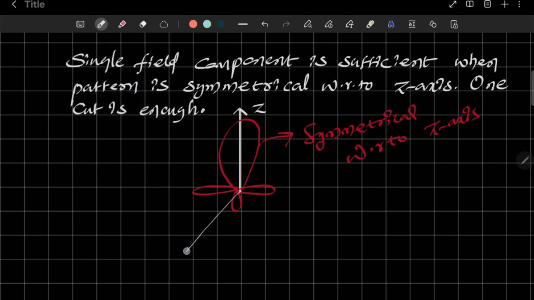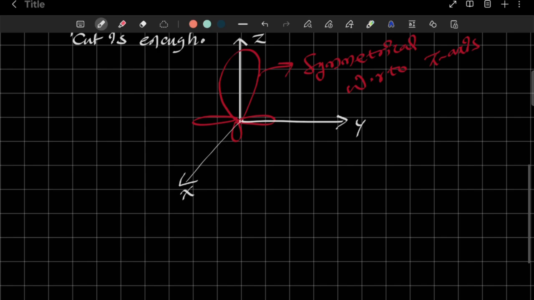So XZ and YZ they have told. If you cut along XZ or if you cut along YZ, both patterns will be same because symmetrical with respect to z axis.